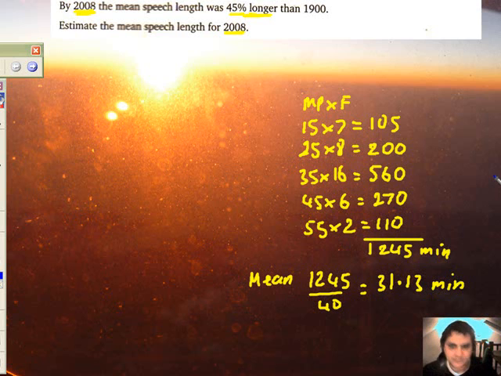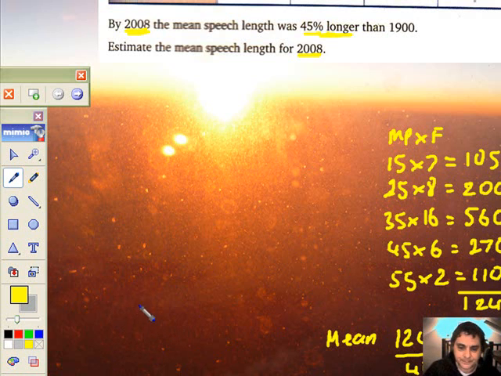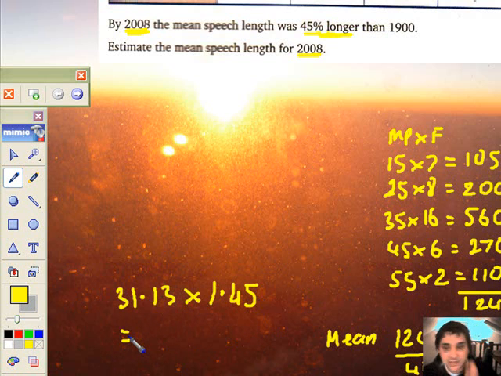Now, back to 2008. The mean speech was 45% longer than 1900. 45% longer means I take my 31.13 minutes and multiply that by 1.45. This is the interesting bit. We're using multipliers in a group data situation.